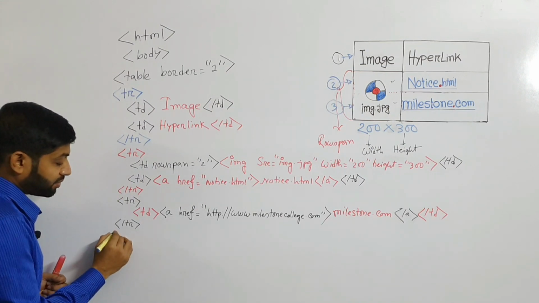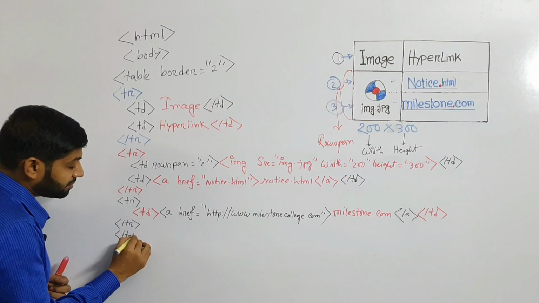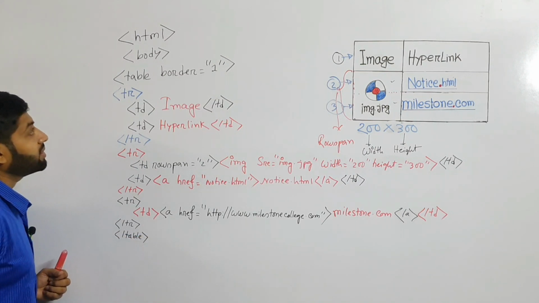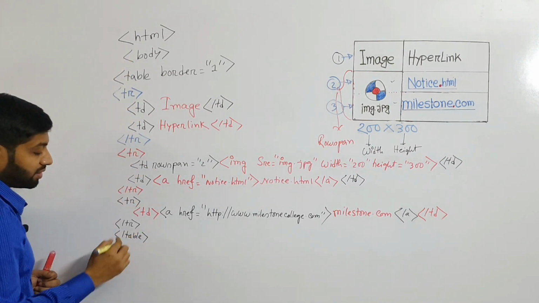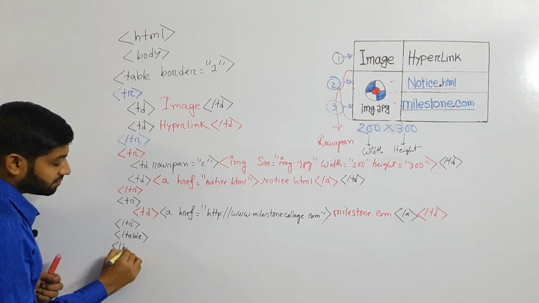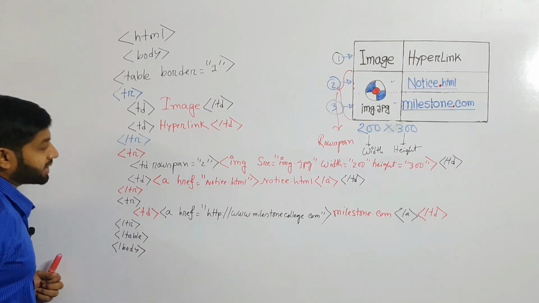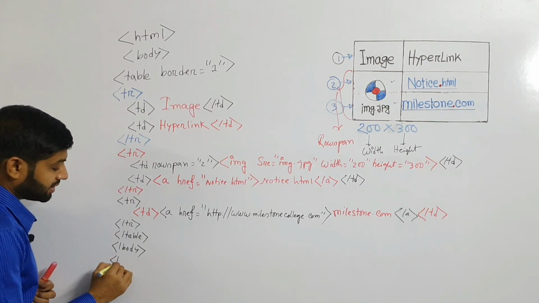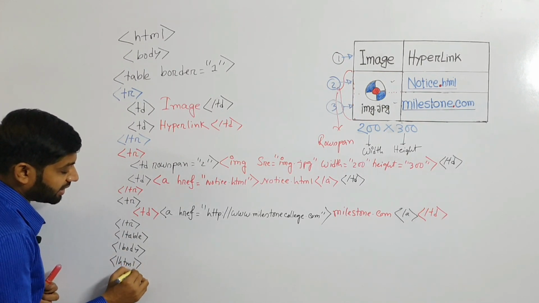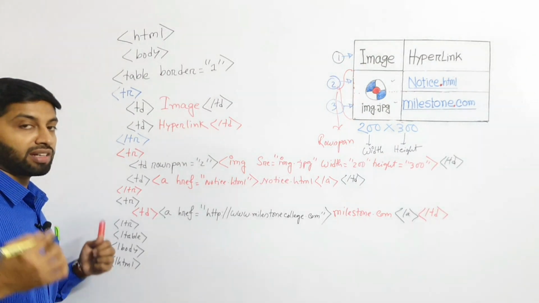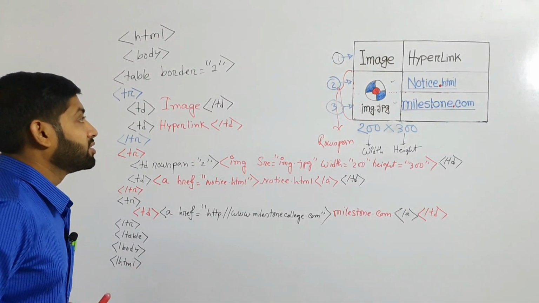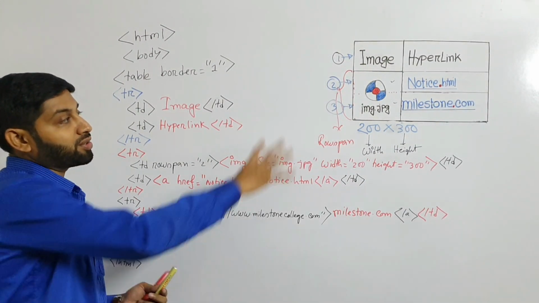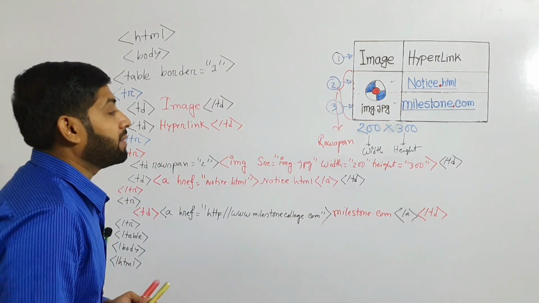So now I have to close my table, backslash table. Then I have to close body, backslash body. Then I have to close backslash HTML. Basically an HTML document always starts with HTML. So here you can see this table.